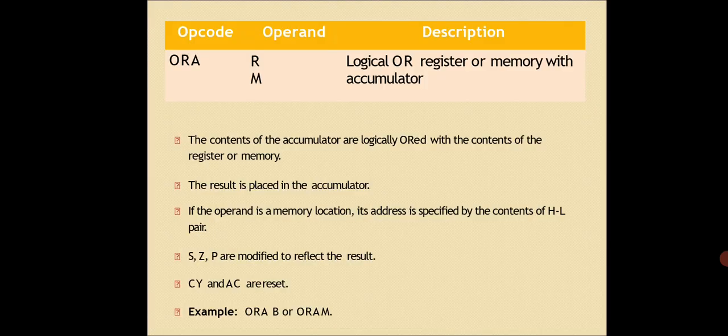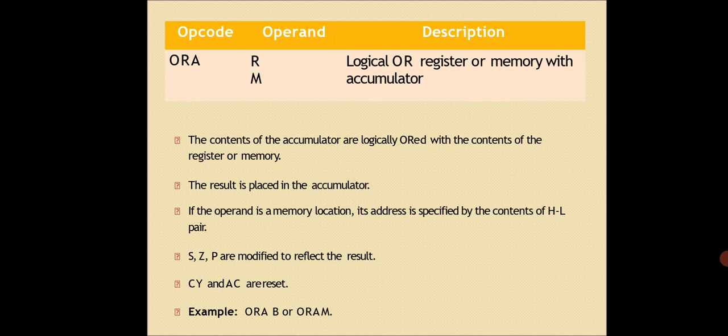The third instruction is ORA. ORA stands for logically OR with accumulator. This is a single byte instruction that carries out logical ORing of the content of the operand and the contents of the accumulator. The result is stored in the accumulator itself.